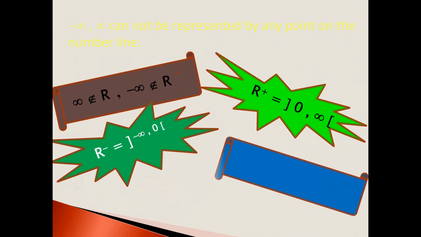If I have the set of non-negative real numbers, non-negative means that I have 0. So it will be 0 to infinity, and 0 will be closed because 0 is included, and positive infinity, because non-negative means 0 and the positive numbers.